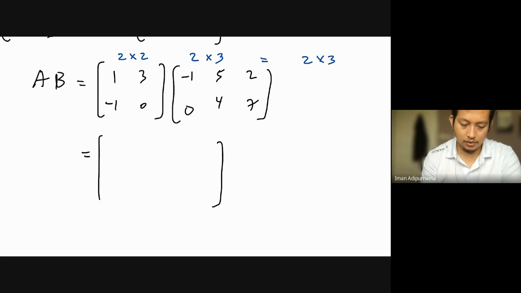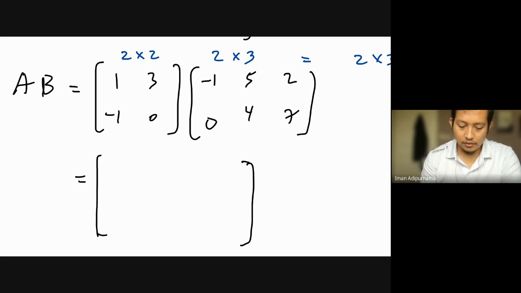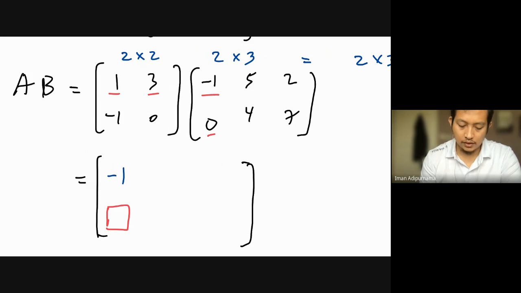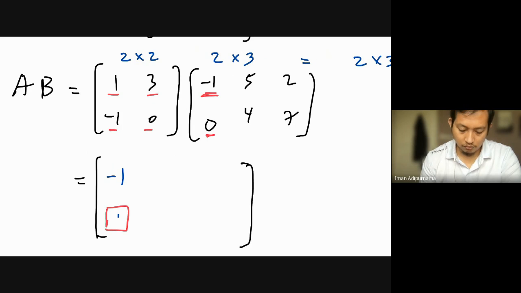Let's do this. So the first one here is from 1 multiplied by -1 plus 3 and 0. So it will be -1. And the second, -1 is 1, and 0, 0 is 0, so this will be 1. Maybe I will erase this.